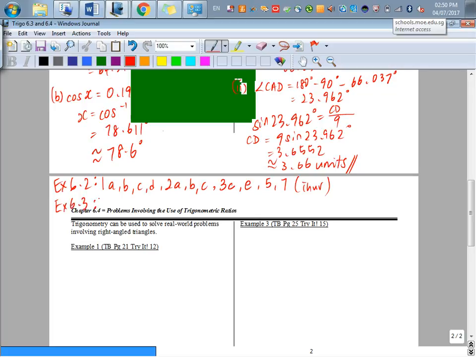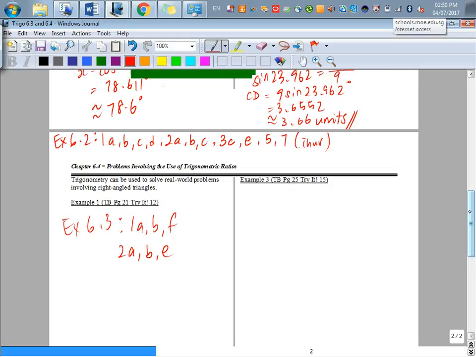6.3. We have our homework 6.3. We have 1A, B, F, 2A, B, E. This one is 6.3. Not due Thursday. Not due Thursday.